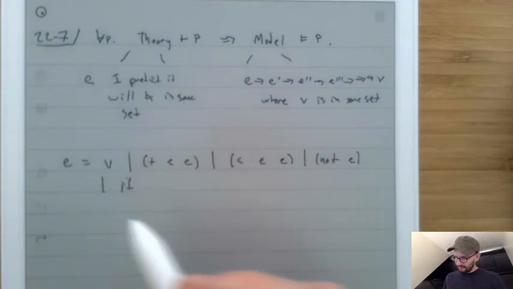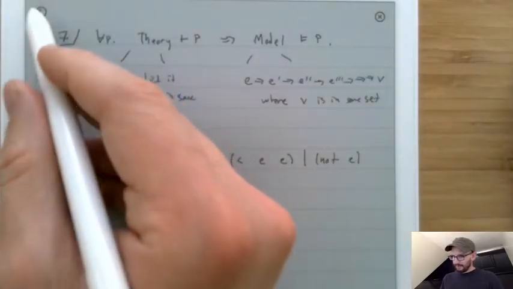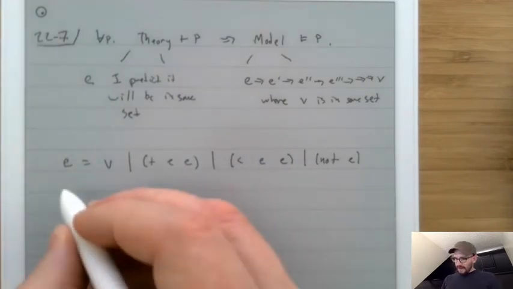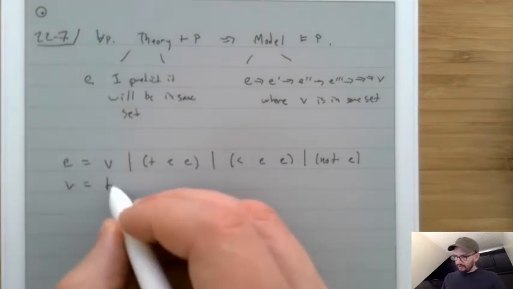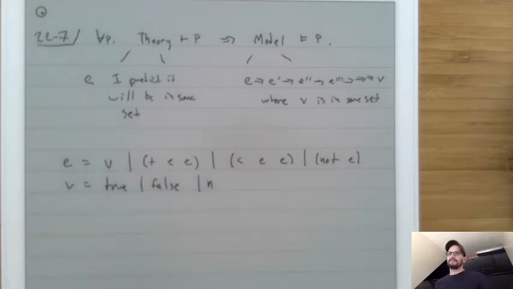Actually, let's skip if. Okay. Now, a value is either going to be true, false, or a number.